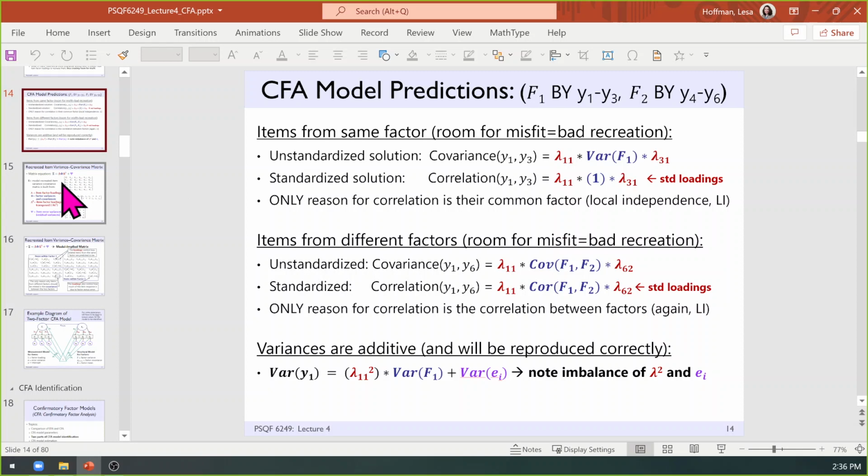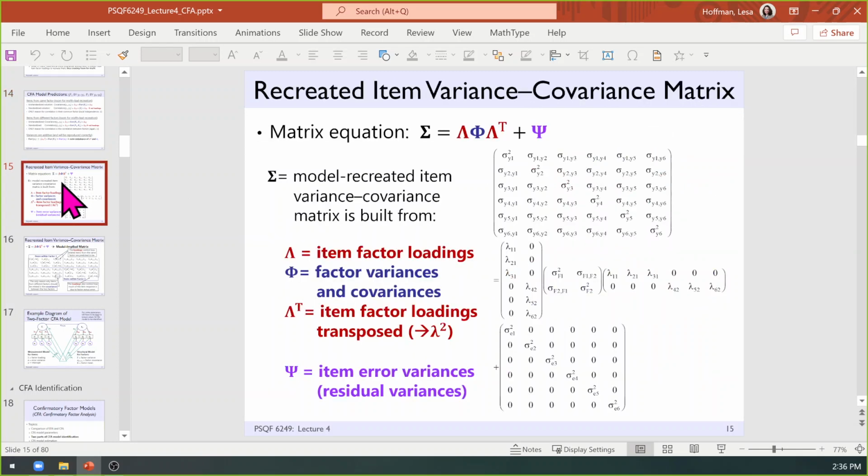Okay, now the way that you will see this in textbooks is going to look a little more like this. And unfortunately, in this case, we can't get away from the matrices. But my job is to make them a little bit less scary and useful. So in terms of what we're eventually going to be looking at in terms of model fit, the pattern created by the model versus what the original data say, we got this thing, capital sigma here.